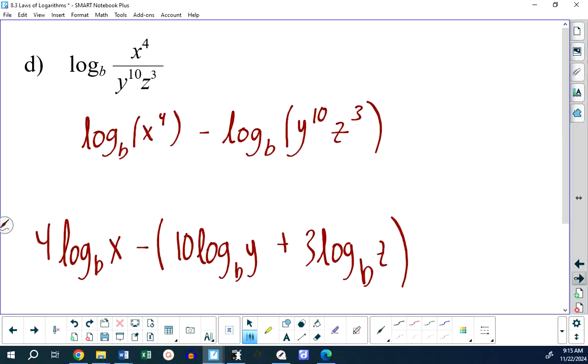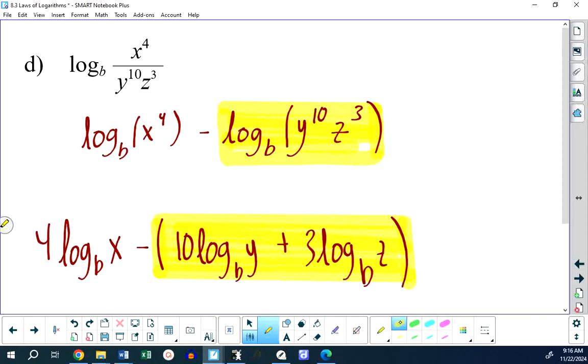It's minus that logarithm of a product, and that logarithm of a product is a sum of logarithms. So when you're subtracting a sum, you have to subtract the entirety of the sum. You can't just subtract part of the sum and then add the other part. You have to subtract the whole thing.